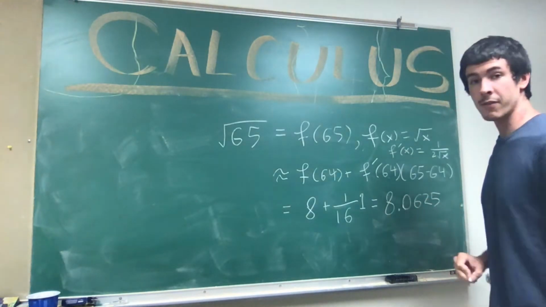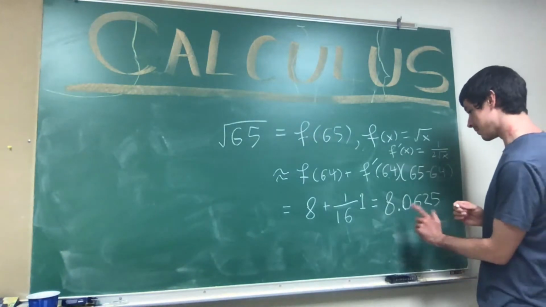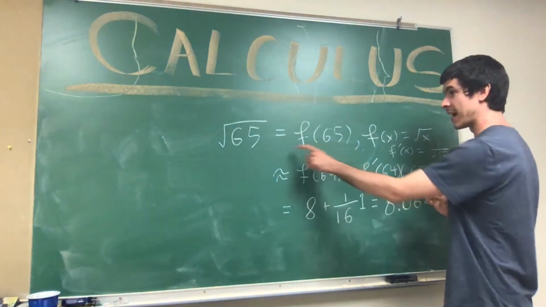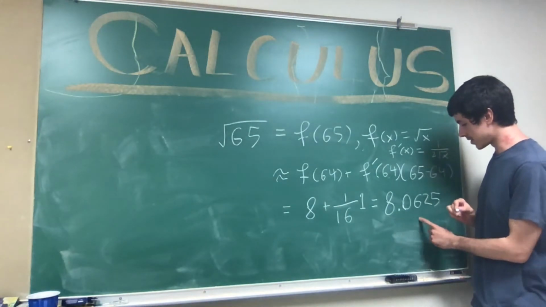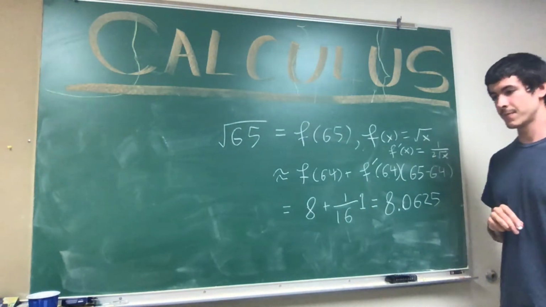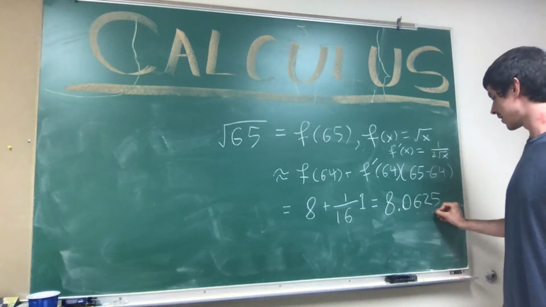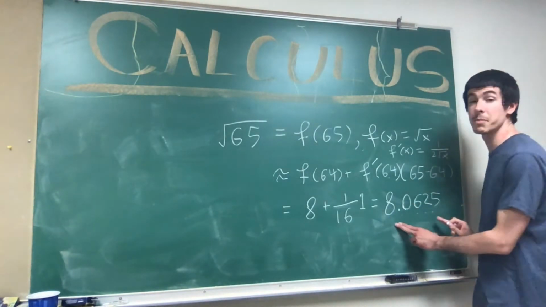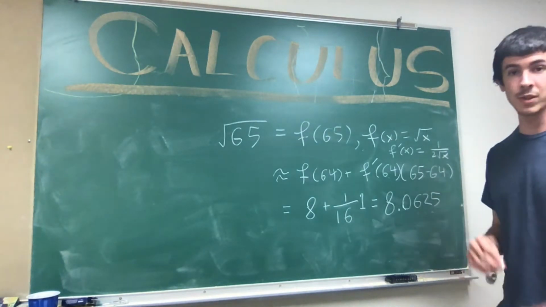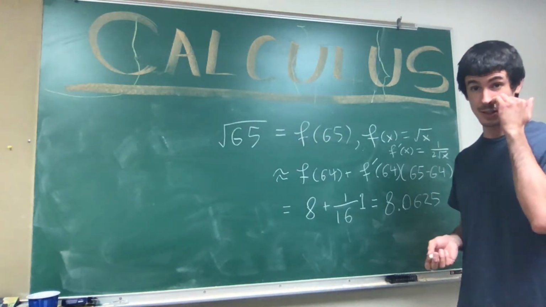And then in decimal notation, this is 8.0625. So I invite you, no, I implore you to put square root of 65 into your calculator and see how close it is to 8.0625. Now, these may not be the first 4 digits, they may be something near to this, but it should be pretty close. Now, what does your calculator do, or how would we get closer to this?